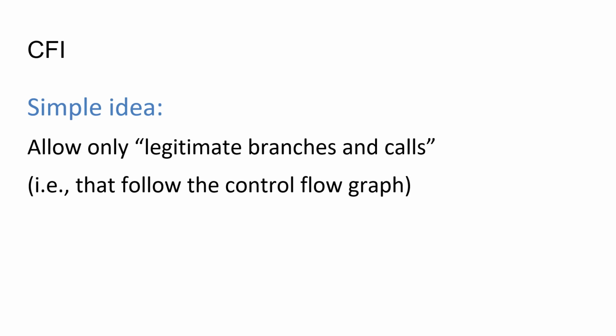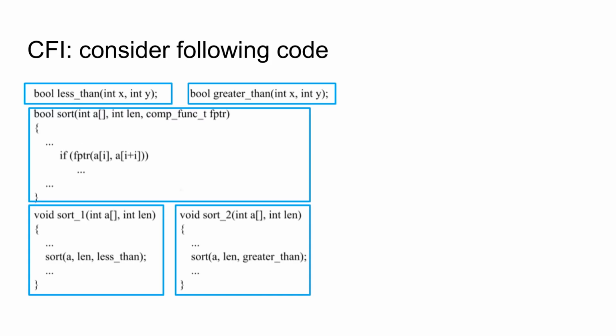So we have a control flow graph saying that this indirect call instruction can target that function and that function, and we want to ensure that it only targets those functions. And this function, say a string copy function, can return to this caller and that caller and that caller, but not to arbitrary places. That's what we're trying to enforce with control flow integrity.